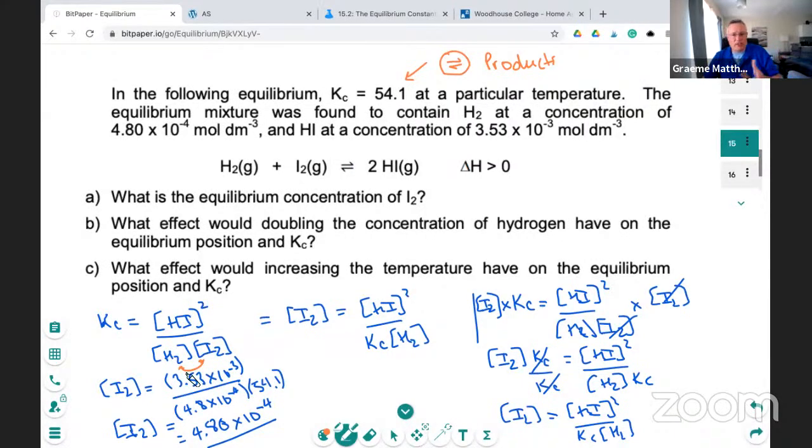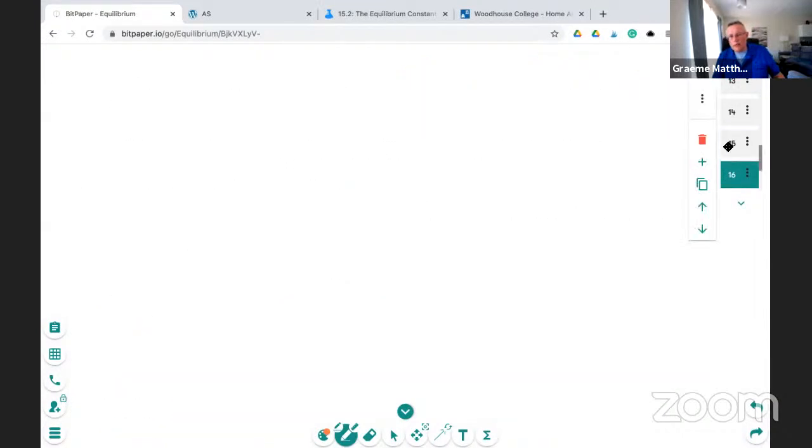In this instance, it worked out because it was a mathematical fluke. The better way of doing it is just to solve for the concentration of I2, and then it's always going to work. You'll always know how to solve for one of the concentrations. So anyway, I just wanted to point out that it did work out to be the same value, but it's not always going to be. Now, meanwhile, the reason why I put this one in is because my wonderful chemist is this one here.